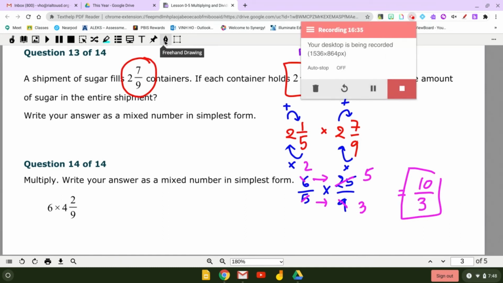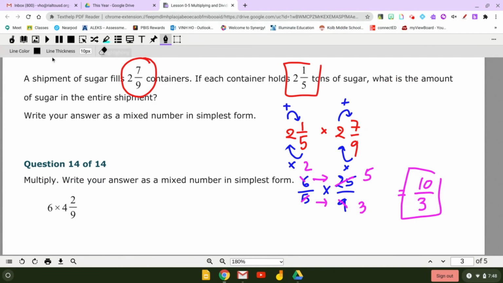All right, I just checked my answer and I realized that I made a mistake here. I hope that some of you pointed out the mistake when I was working on this. 5 times 2 is 10 plus 1 is 11. This is supposed to be 11, not 6, right? So I have to go back a couple of steps.